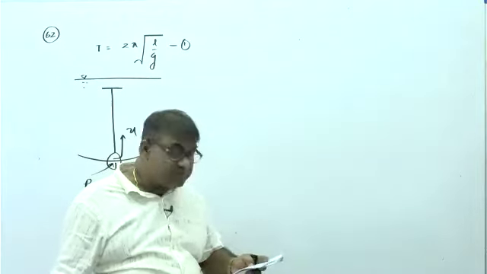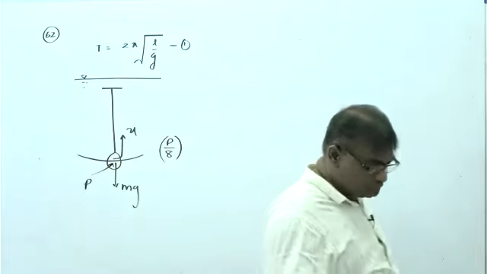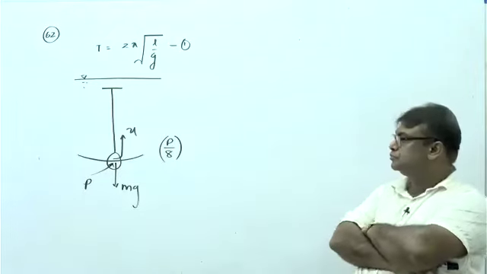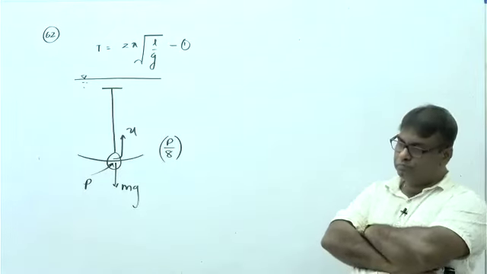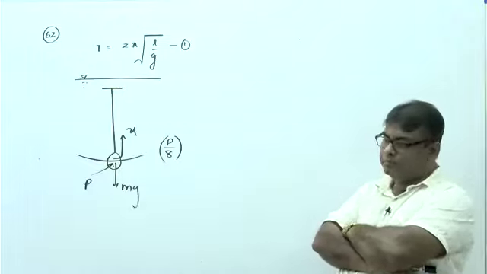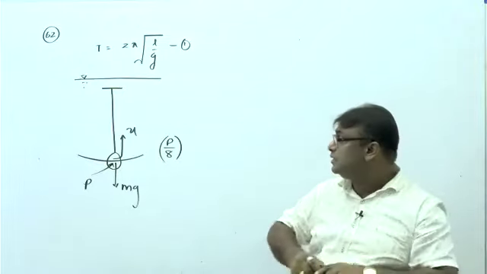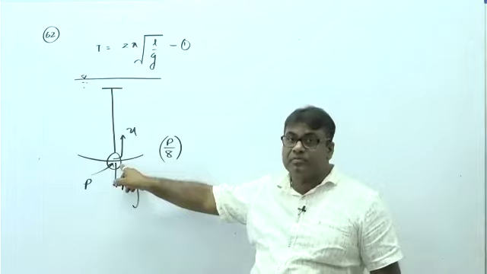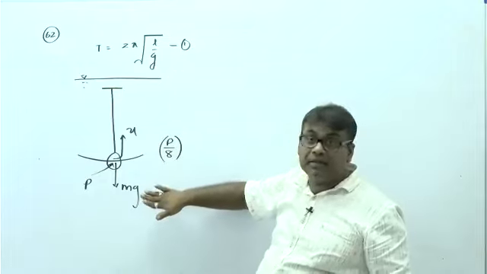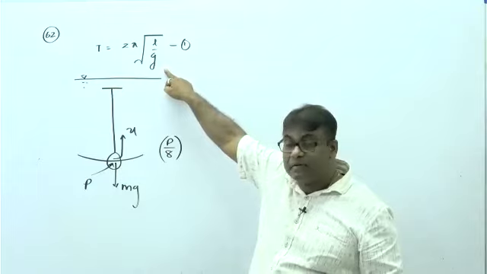This is also an MCQ question. Use 1 minute more. Yes, you have to find the effective acceleration for this mass. The difference between this and vacuum: in vacuum the effective acceleration is the gravitational acceleration, no matter what.